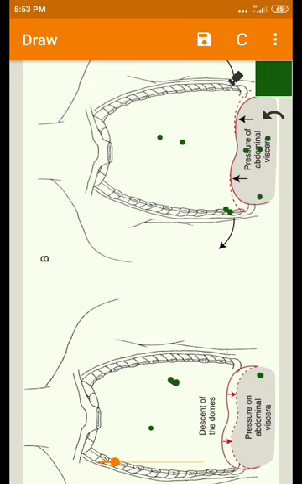And we are going to correlate all these three things: diaphragm, accessory muscles, and abdominal muscles, in a single step. Okay, thank you.